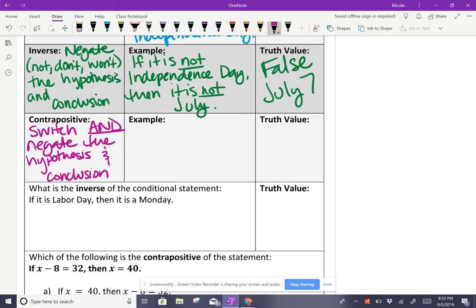So again, we're dealing with if it is Independence Day, then it is July. If we switch that, we take the converse and it says if it is July, then it is Independence Day. But then I take that converse and I negate it. So if it is not July, then it is not Independence Day.